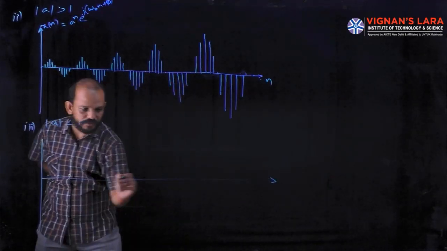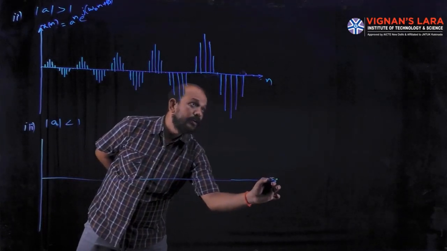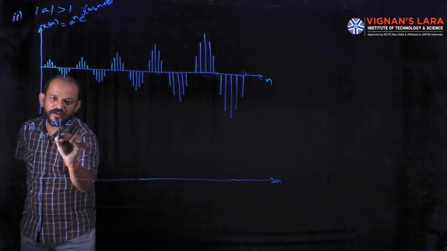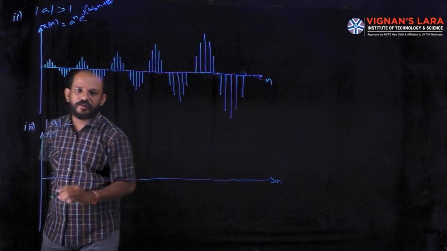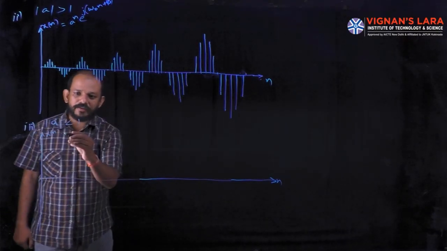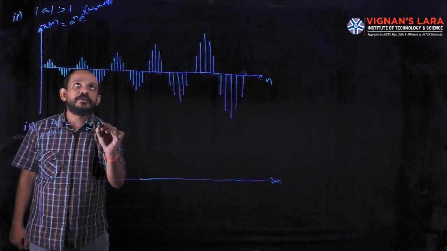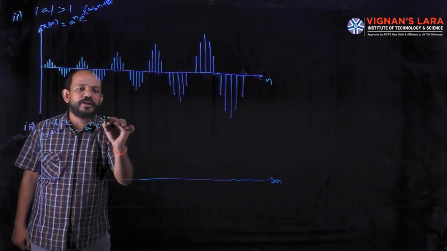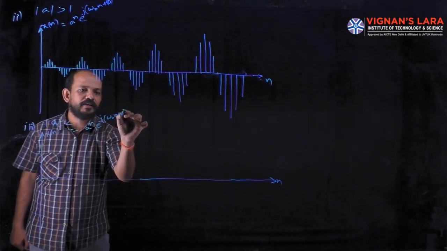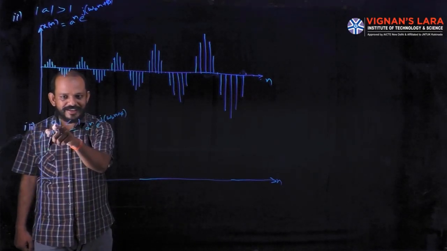Consider this as n, and this is x of n. Here x of n will be equal to a power n into e power j omega naught n plus phi, and the mod of a value is less than 1.